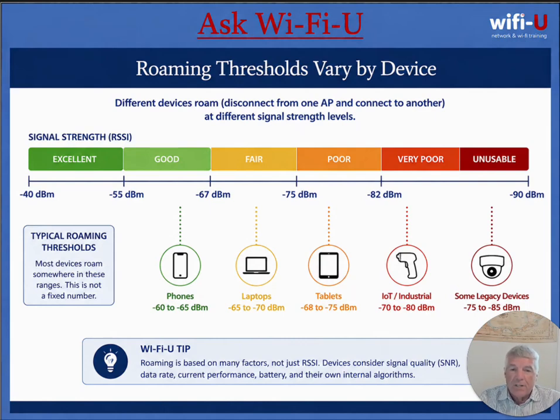IoT industrial devices and even some legacy devices might not necessarily roam until the signal strength is very, very weak. So as you can see, phones, it says negative 60 to 65, laptops 65 to 70, and so on. So as the signal gets weaker, the device might decide to roam.